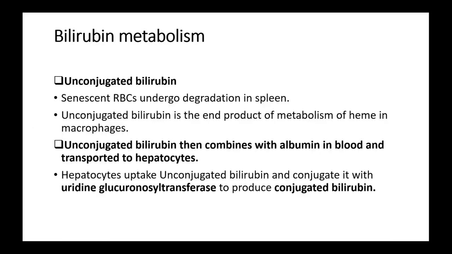Next is bilirubin metabolism. So let's look at this. We have a blood vessel, and in the blood vessel we have RBCs. When the RBCs are damaged or rupture, heme or hemoglobin will be released.